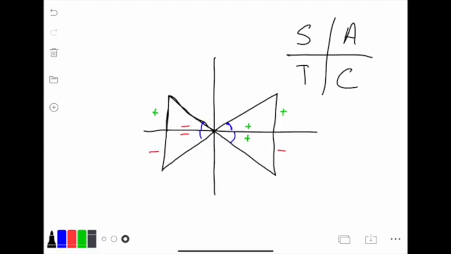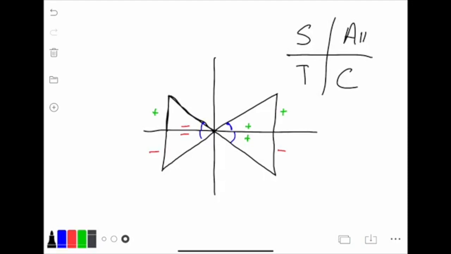A quick mnemonic device to memorize this is all seniors take calculus, or all students take calculus, however you want to remember that. What these letters represent is which trig function will be positive in that quadrant. So, in the first quadrant, all the trig functions are positive.